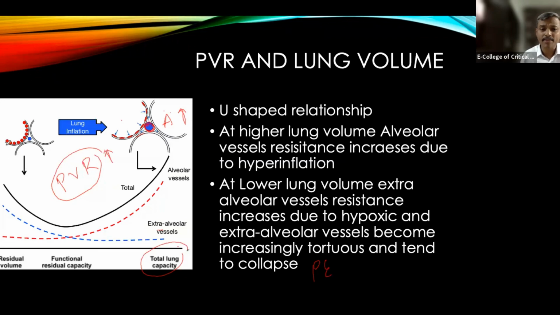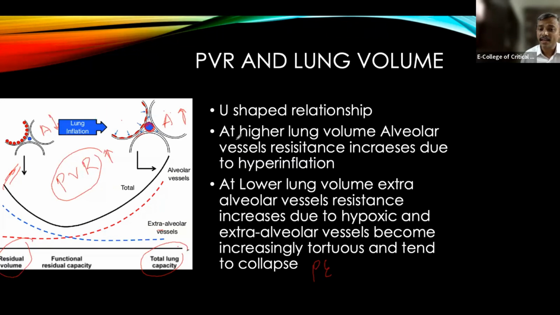If the lungs are collapsed, here you can see lungs are collapsed, alveoli are collapsed. Here lung volume is reduced significantly in the atelectatic stage, that is the residual volume. What happens here? The extra-alveolar vessels, resistance increases in the extra-alveolar vessels. The moment the alveoli are collapsed, these vessels will become tortuous. So that's how blood cannot enter into those vessels. Resistance again increases.